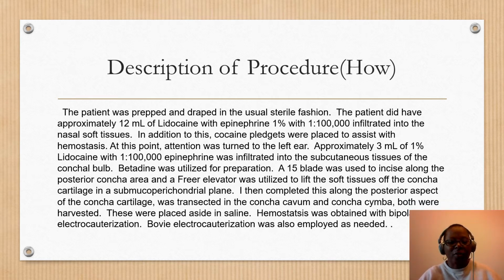And so now we go in to see how he's entering the body. A 15 blade was used to incise along the posterior conchal area, and a Freer elevator was utilized to lift the soft tissues of the conchal cartilage in a submucoperichondral plane.